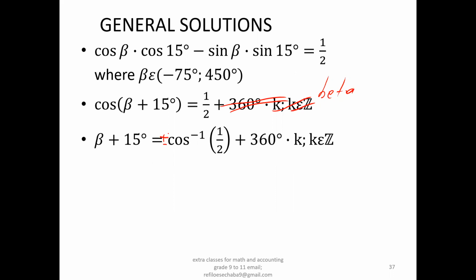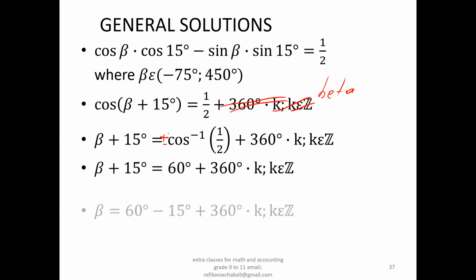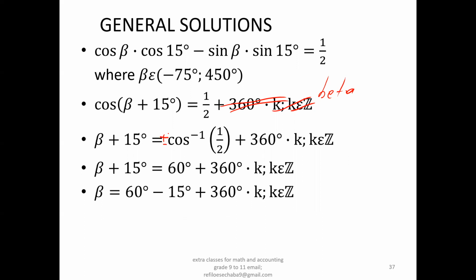And then we're gonna get beta equals 60 degrees minus 15 degrees, which is gonna be beta equals 45 degrees plus k dot 360. And then the negative part, by the way, this I guess is the positive, it's plus or minus. So the negative part, yes.